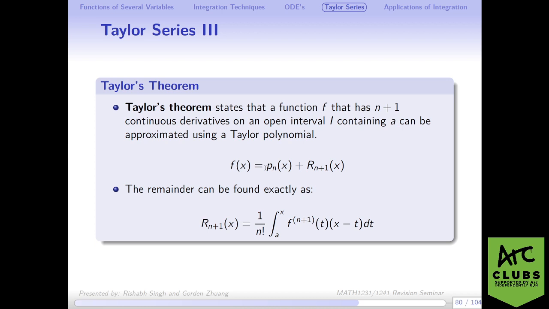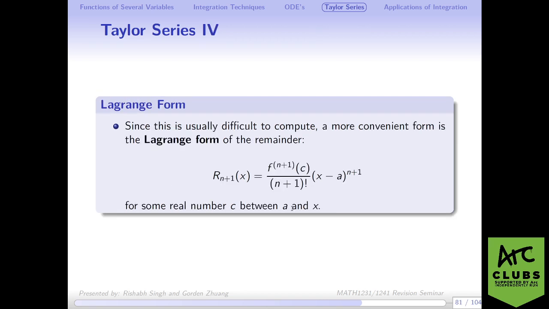And when we approximate it, we get this error, which looks like this. However, this is a bit messy and hard to compute, so another form of the remainder is the Lagrange form. The Lagrange form of the remainder will be this, where c is some value between a and x.